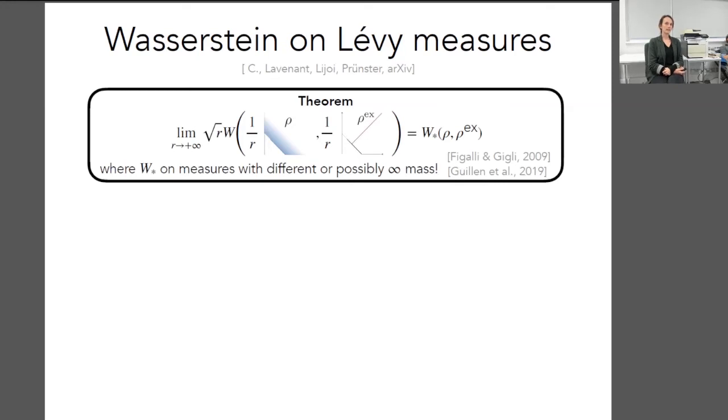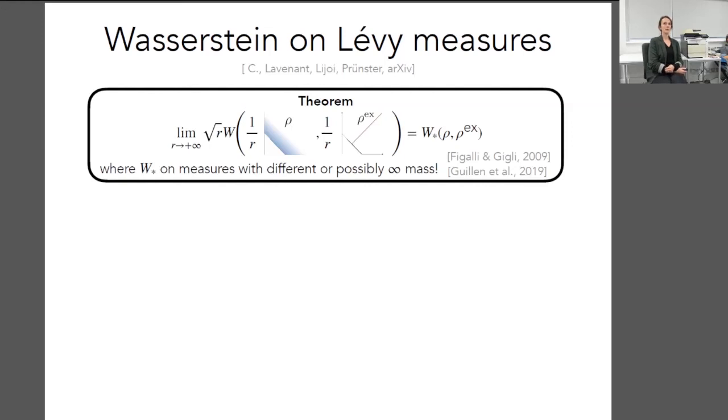proving that this is a distance comes from the fact that we have an expression in terms of a limit, and this makes proving the non-degeneracy property of distances particularly difficult. And so what we began thinking of was that maybe we could actually avoid this limiting expression by thinking of this limit in terms of an optimal transport problem directly at the level of the Lévy measures.